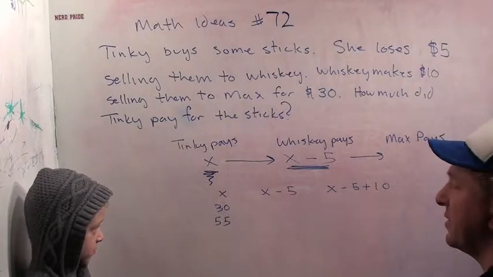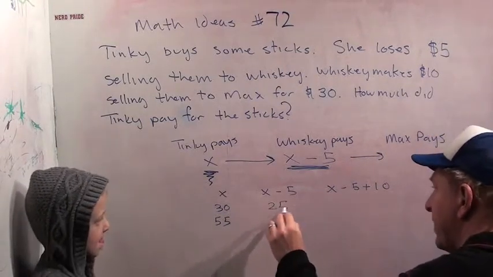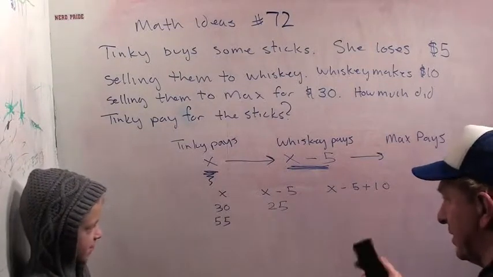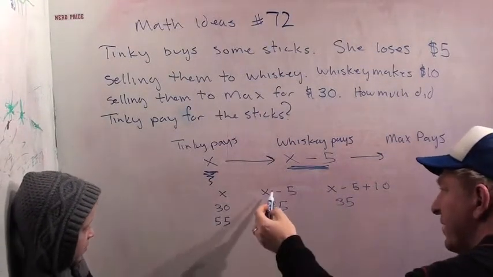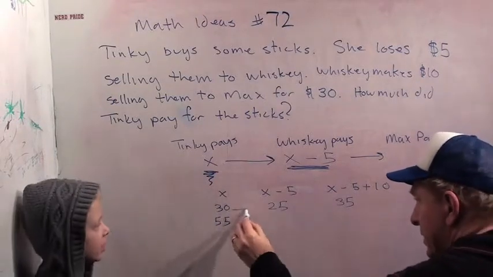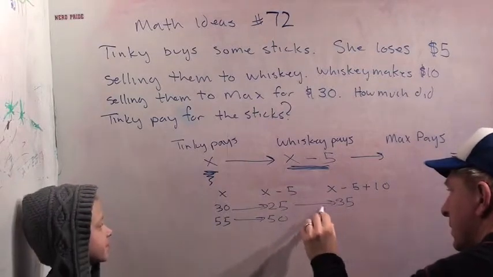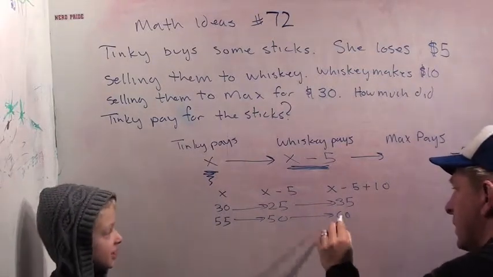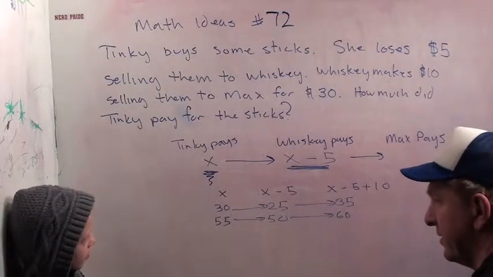What's 30 minus 5? 25. And what's 25 plus 10? 35. Very good. What's 55 minus 5? 50. And what's 50 plus 10? 60. So how do we get from 30 to 35?